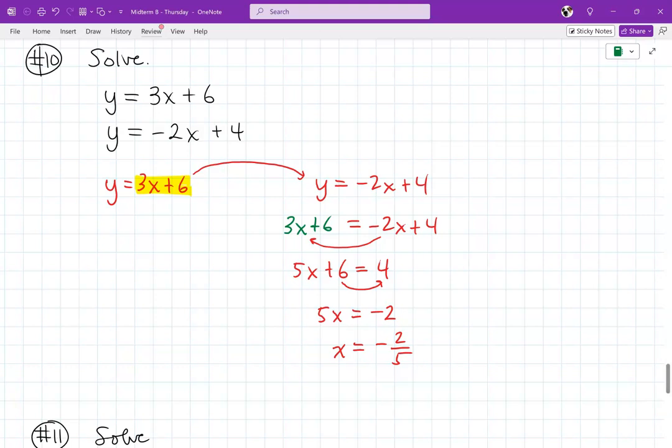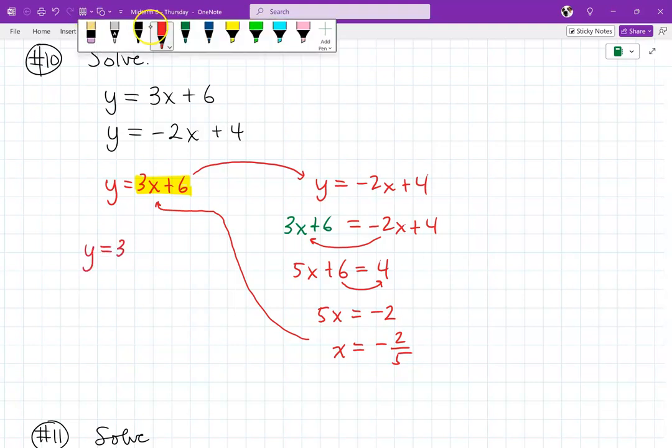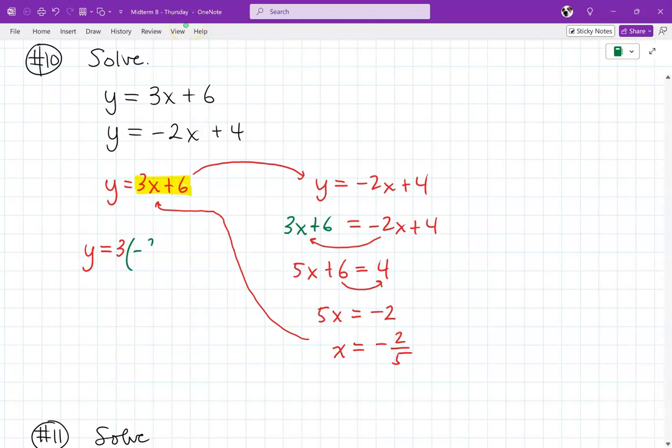Now I know it's a fraction, but it's not impossible. You're just going to get that answer. You're going to plug it in right there. So we get y is equal to 3 times negative 2/5 plus 6. Again, you guys don't have calculators, so don't freak out. So y is equal to negative 6 over 5 plus 6.